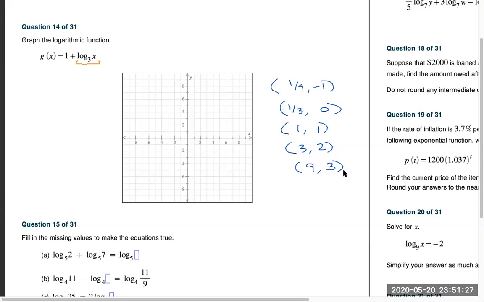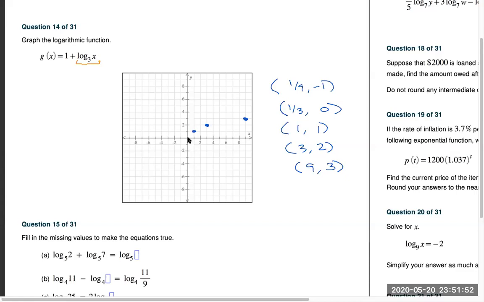All right, let's do our best to plot this with this tablet. So let's start with the bigger numbers for x, because the smaller ones we're just going to make approximations as we lower. So we have (9, 3). We have (3, 2). We have (1, 1).